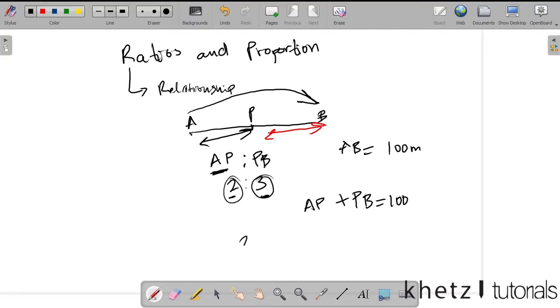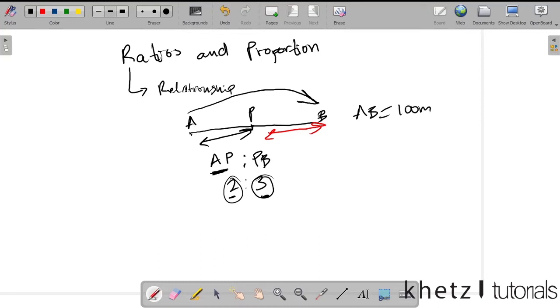If you add 2 and 3, you get 5, which confirms my point that the 2 and the 3 are not the actual values. This is not 2 meters and 3 meters, but the fractional contribution of each line to the total length AB, which is 100.